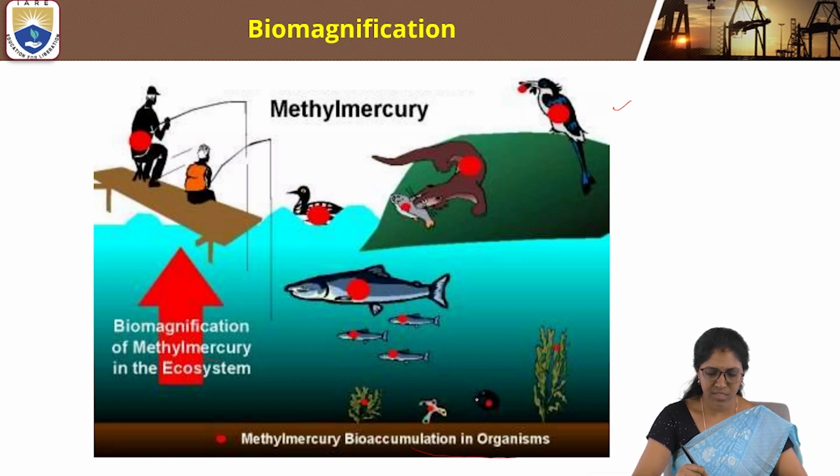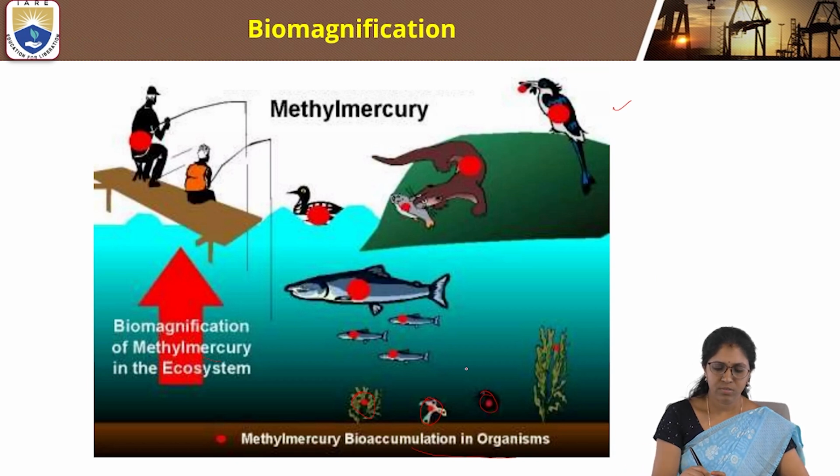If we see these methyl mercury pollutants, these are first consumed by aquatic microorganisms or herbivores, the producers.